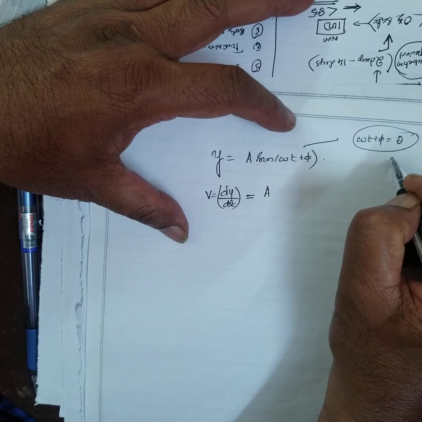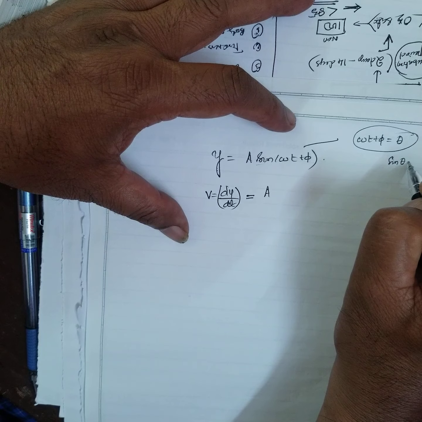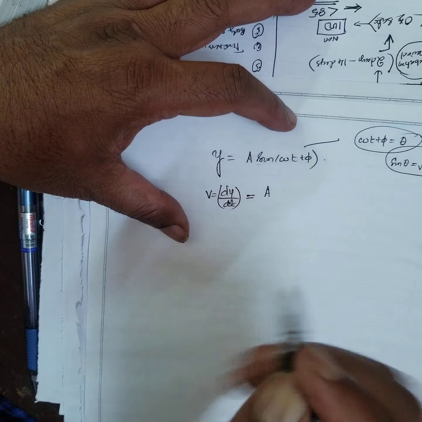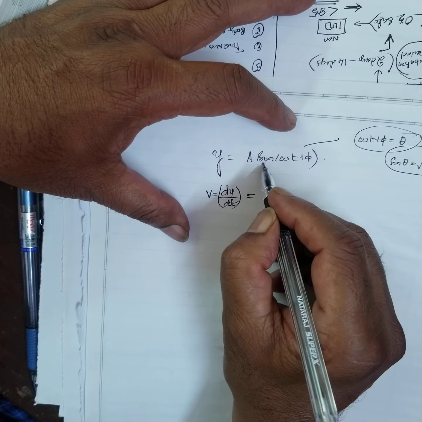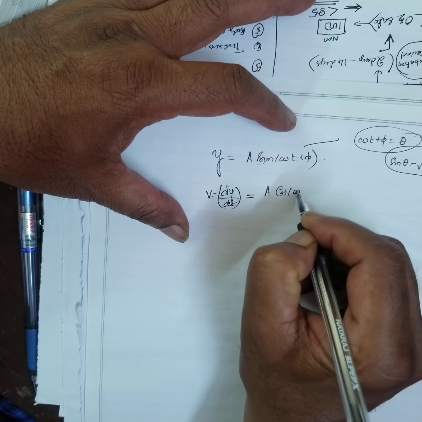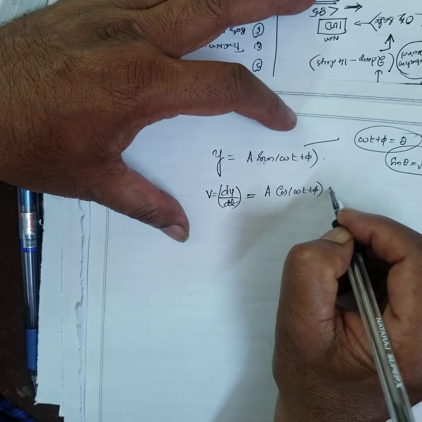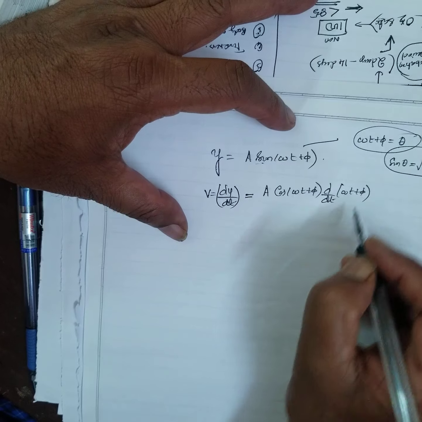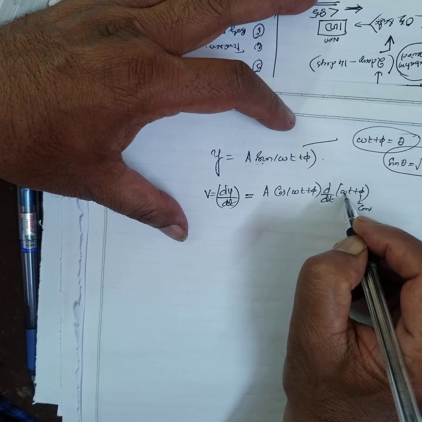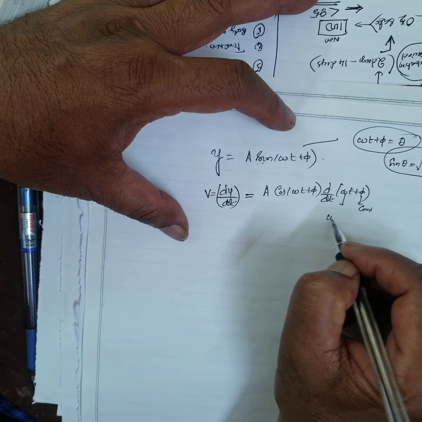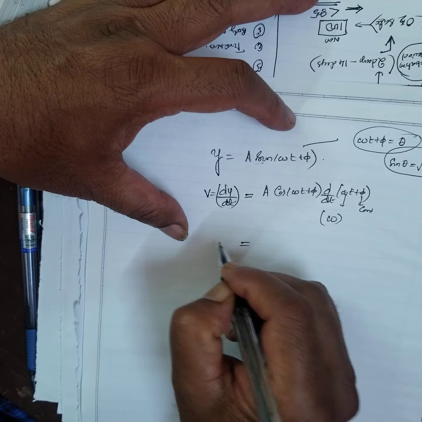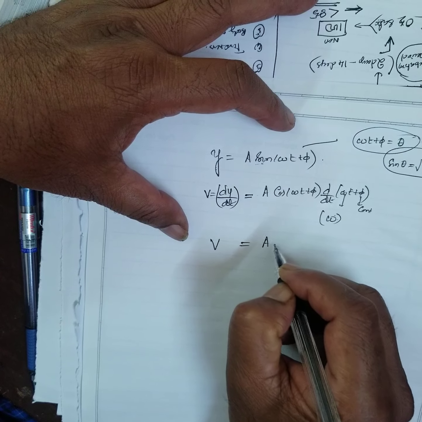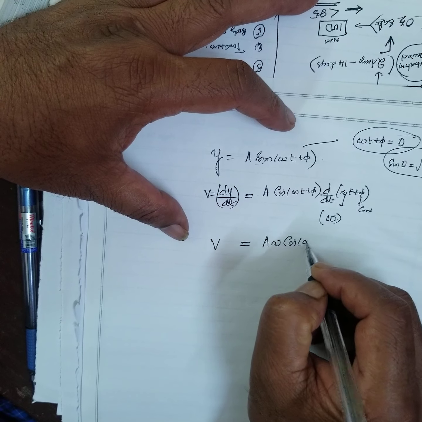The differential coefficient of sine is cos omega t plus phi into the differential coefficient of omega t plus phi. Phi is a constant. Therefore d omega t by dt is equal to omega. Therefore velocity is equal to a omega cos omega t plus phi.